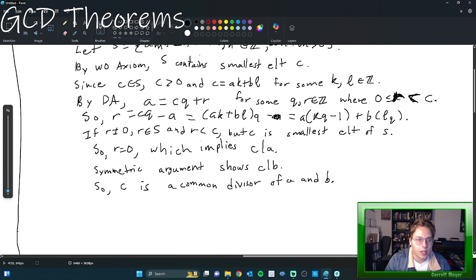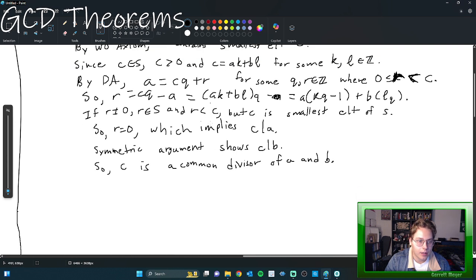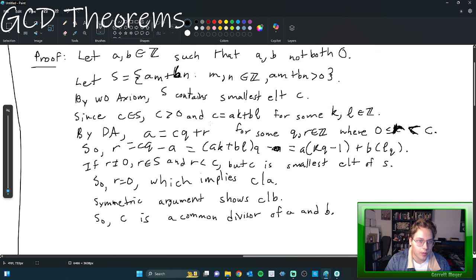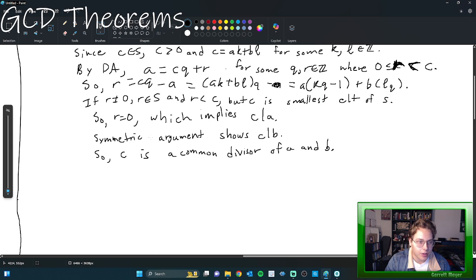And since C is written as AK plus BL, this would mean that you can write the GCD of A and B as AK plus BL because C would be that greatest common divisor. So we're going to go ahead and show that if there is some divisor of A and B, it has to be less than or equal to C. Or actually, we're going to show that C is equal to that greatest common divisor.